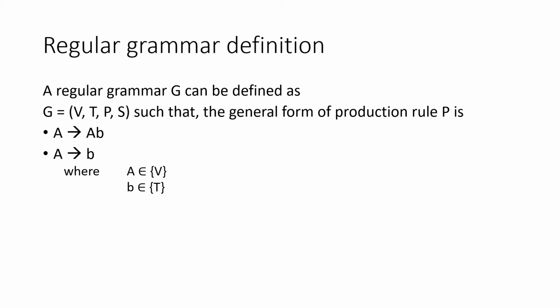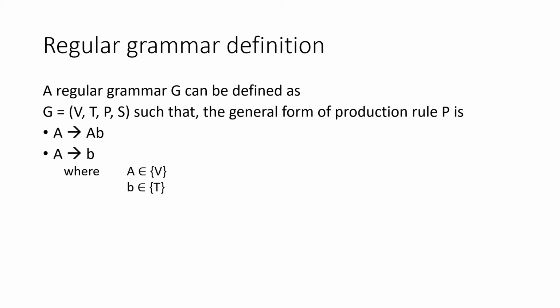And the type of the production rule in case of regular grammar is A to capital A followed by small b. That means in the left hand side we will have a non-terminal, and in the right hand side we will either have a non-terminal followed by a terminal or a terminal followed by a non-terminal, either of these two.